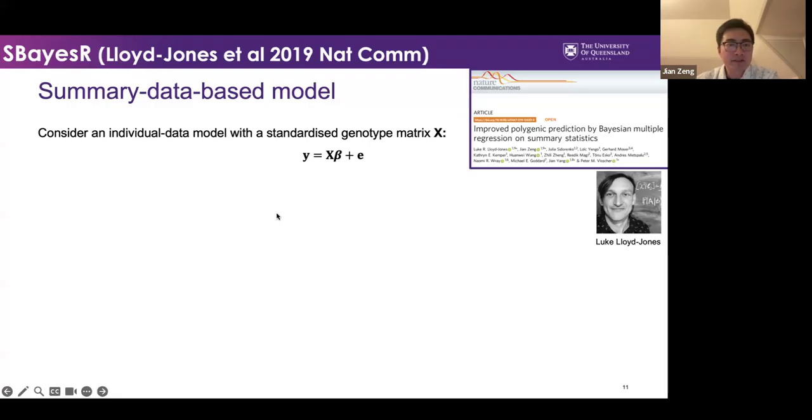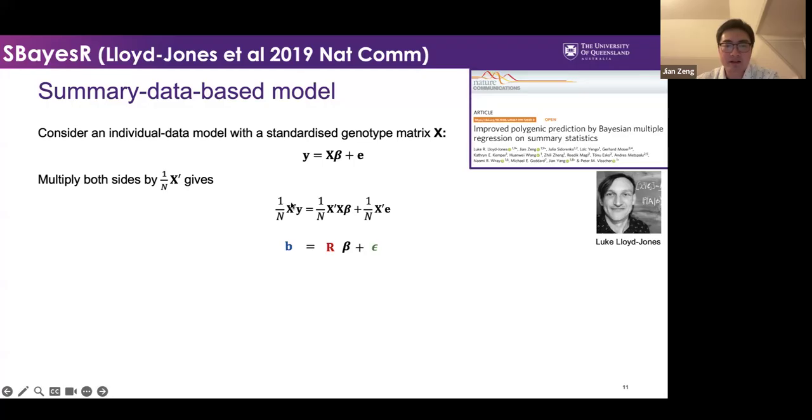Very quickly, the summary data model can be derived from the individual-level data model. We start with this classic model: the phenotype is the consequence of the genotype matrix times the SNP effect plus residual. If we multiply both sides by 1 over n times the genotype matrix transpose, where the genotype matrix is standardized, then we get this equation.